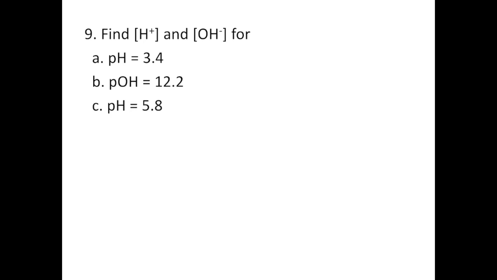All right, now we have to go the other way. Now we're given the pH, and we have to find the H+ and the OH-. So this is what we're going to do. I know that 3.4 is equal to the negative log of x. So what I do is I press the second log button, which is 10 to the, and I'm going to say negative 3.4 on my calculator.